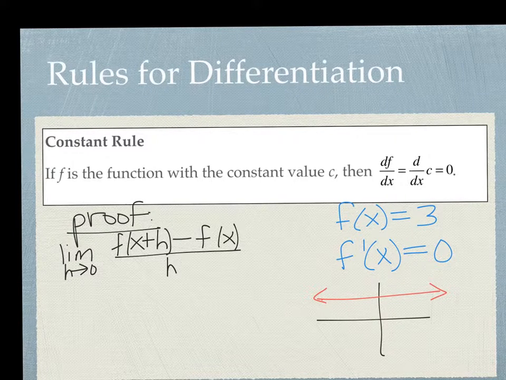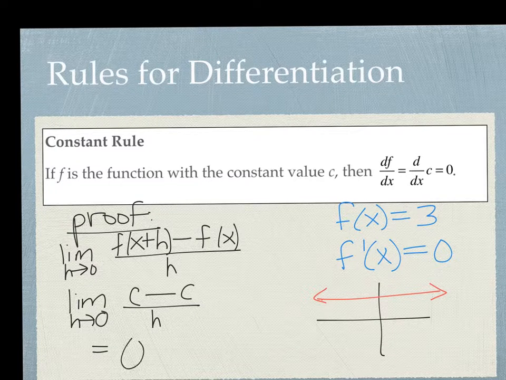So f of x plus h is still just going to be c, whatever the constant is. F of x is also going to be c, over h. So we end up getting 0 over h, and we end up getting 0. Okay, so that's why. That's just kind of like the proof of it. But you just have to memorize it.